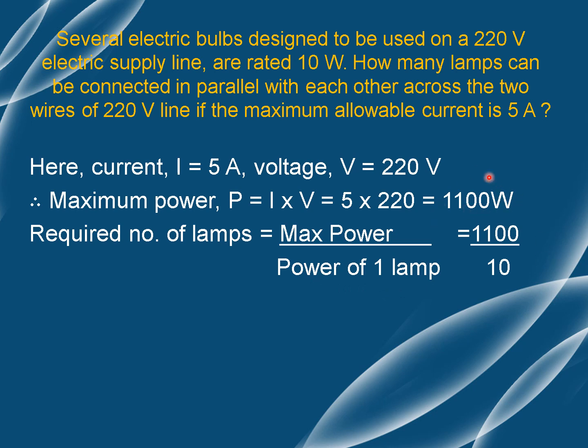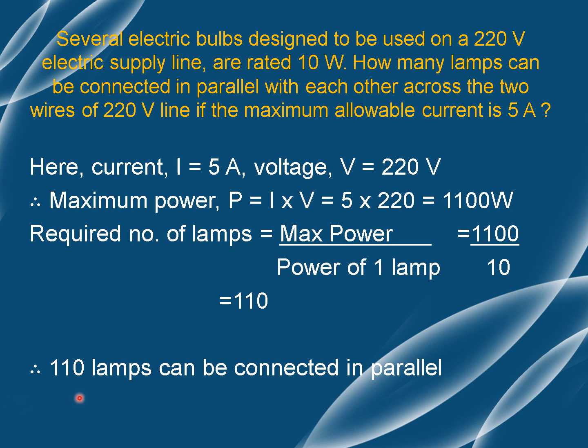So the maximum power, we have 1100 divided by power of 1 lamp is 10 watt. It's already given in the question, that is 10 watt. So 1100 divided by 10. So we have 110. So 110 lamps have to be connected in parallel.